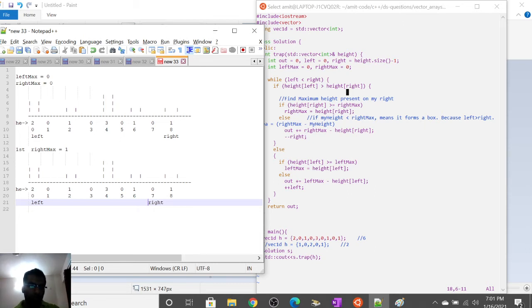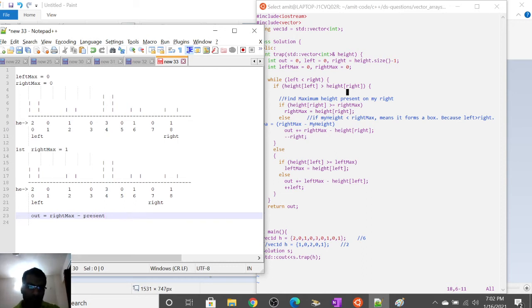Now at this moment we know that there is a building which is greater than this present index, so we can actually trap water in between, and we will take the right max, which is at least smaller than the left. So at this index, the water that can be trapped is right max minus the height of present. Right max is 1, so out is equal to right max minus present.